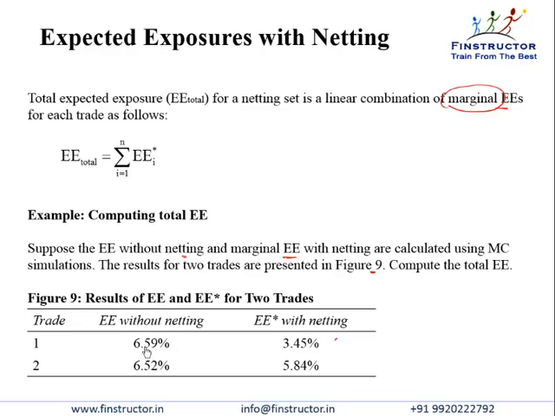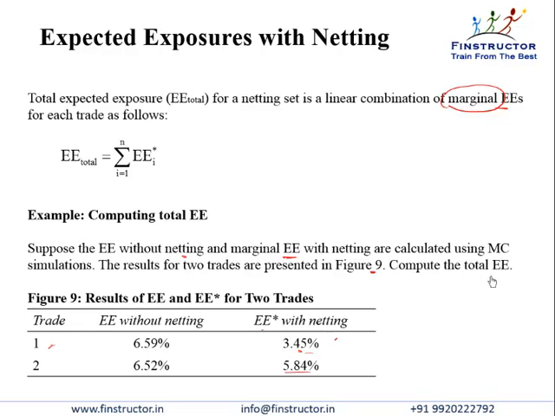However, when we add them to our portfolio that already has some existing exposures, the expected exposure with netting comes out to be only about 3.45% for trade 1, and the expected exposure with netting comes out to be 5.84% with trade 2. So trade 2 has a high positive correlation with our existing portfolio, hence not much netting benefit, whereas trade 1 probably has a low correlation with our existing portfolio, hence more netting benefit and lower expected exposure with netting.